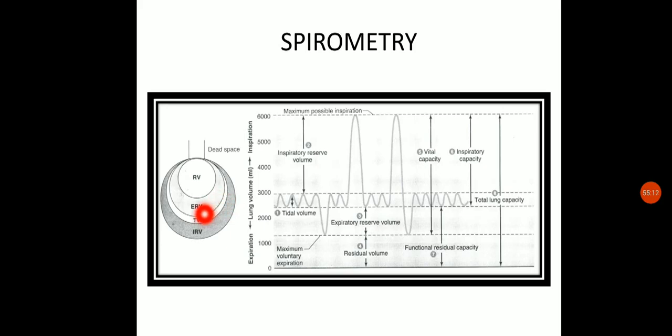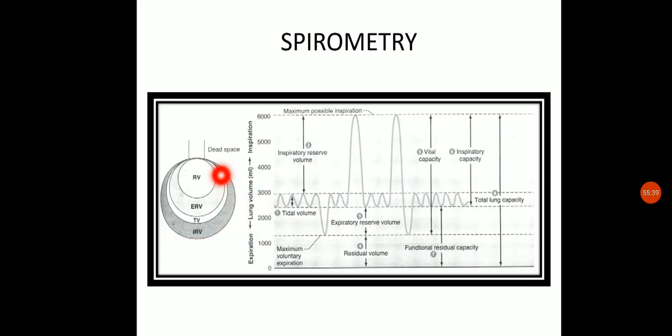Then the tidal volume is the normal exchange of gases taking place during normal breathing, that is around 500 ml. And IRV is the total volume of air inspired forcefully after the normal breathing, after the tidal volume. It will be around 3000 ml.